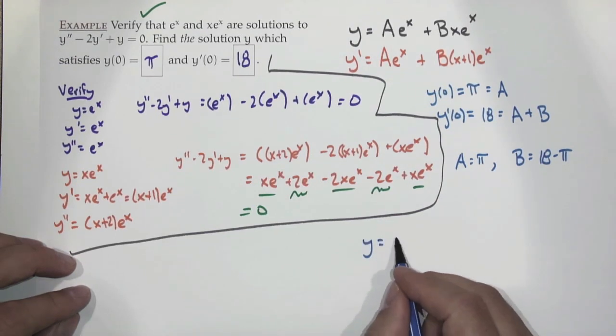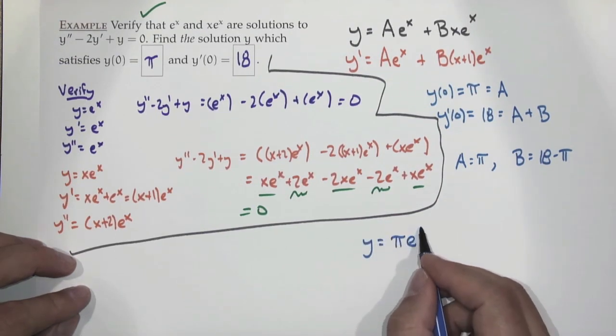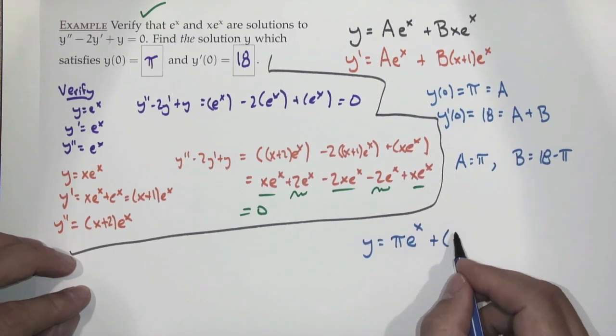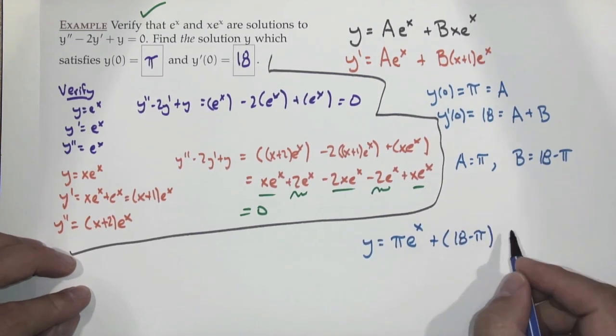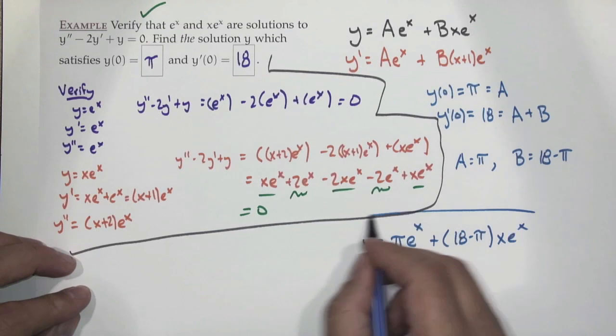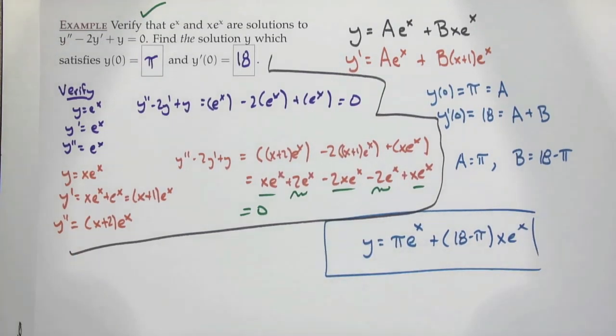So therefore, the solution is pi e to the x plus 18 minus pi x e to the x. And that satisfies our initial conditions. And life is good. So it's great. It's like if we have solutions, we can combine them and make new solutions. You get that? Are you good?